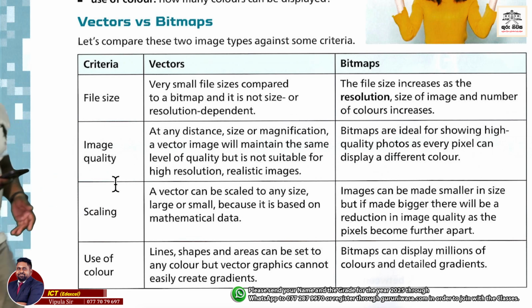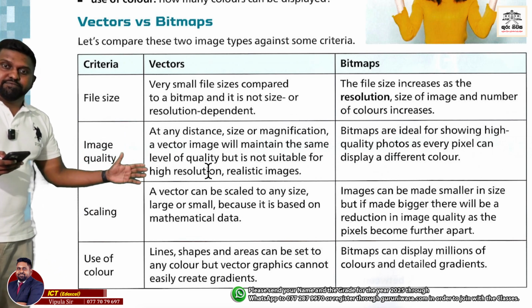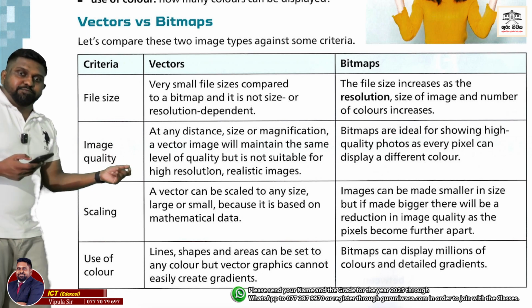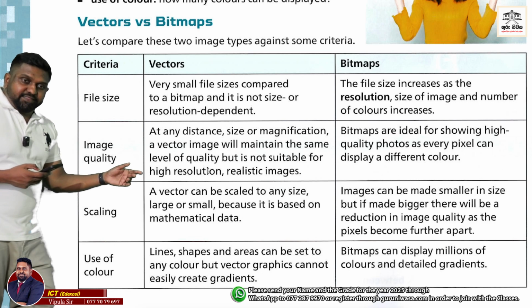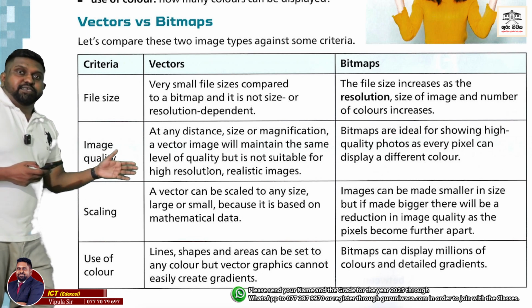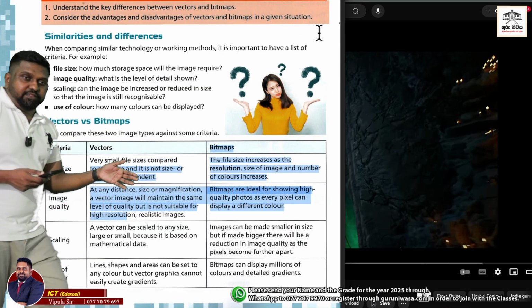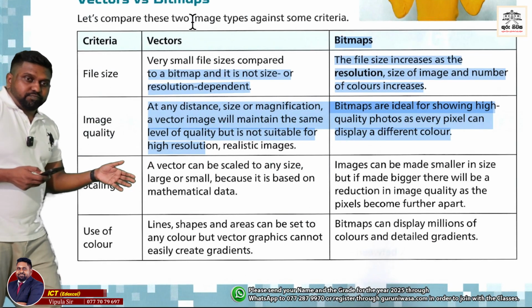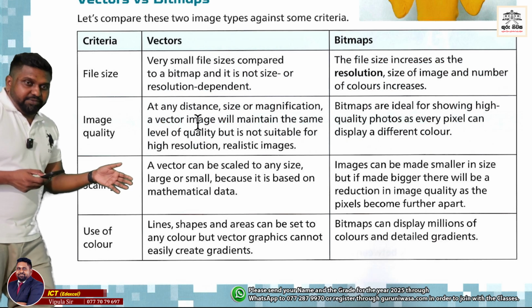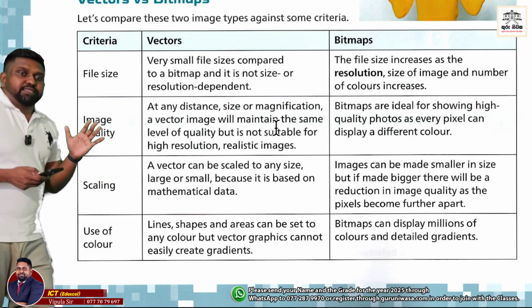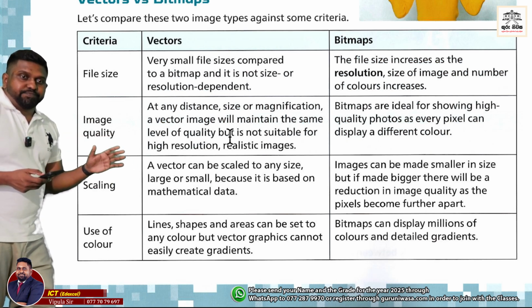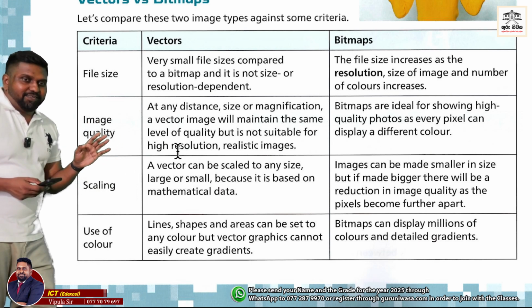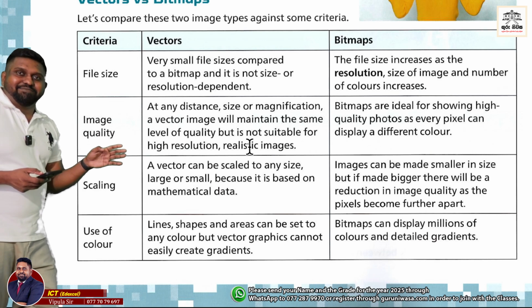Now, okay, so image quality. This is the primary reason we get to choose either vectors or bitmaps. At any distance, size or magnification, a vector image will maintain the same level of quality as it is, but it is not suitable for high resolution realistic images.